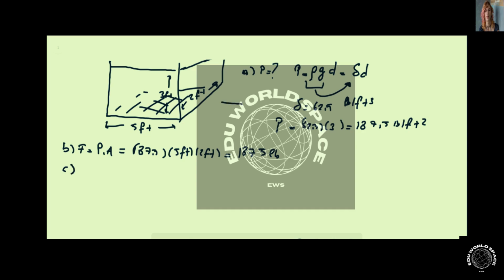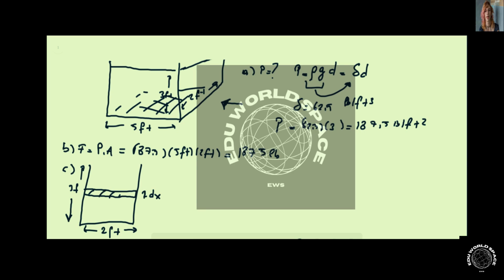And in part C, we're asked to find the force at one end. So imagine we're looking at this aquarium from the side. So we would see this, that is 2 feet wide and 3 feet deep. Let's just assume that we have a thin strip, this guy, and let's assume that this is dx.